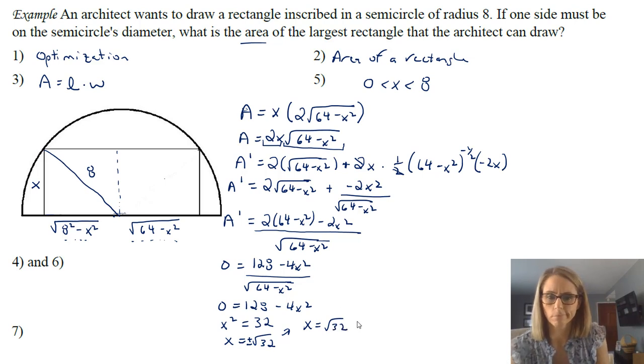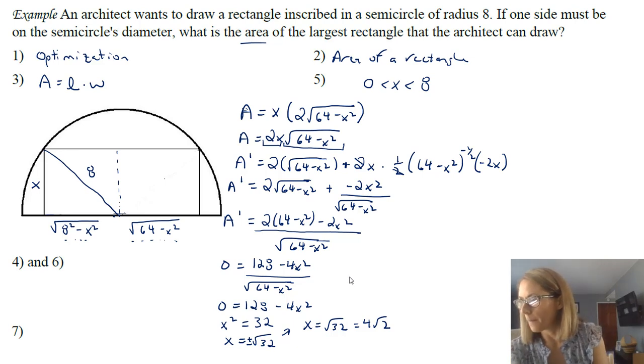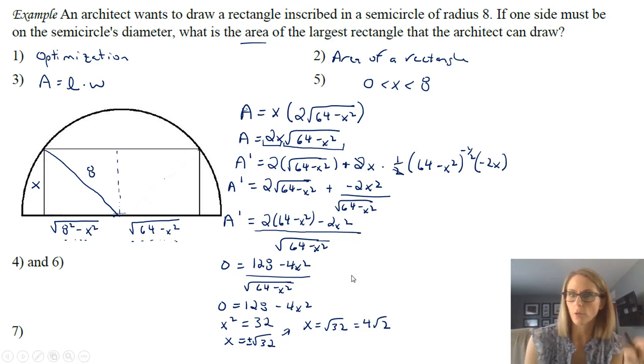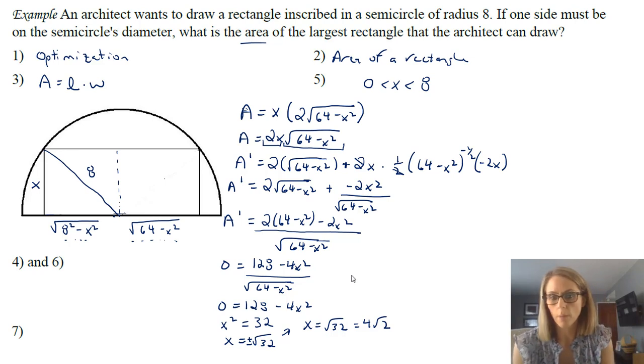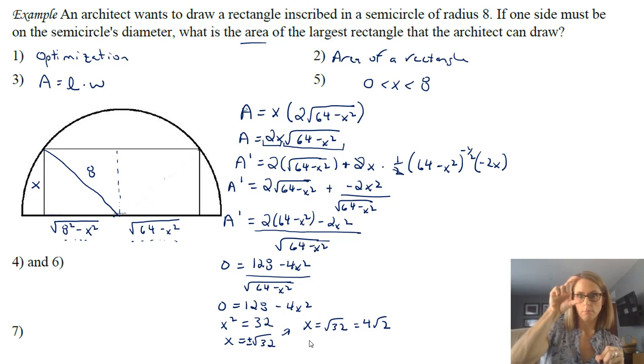And that's going to be 4 root 2 if you simplify it, which is some number. Again, the answer just wants the largest rectangle, so I might not make that into a decimal if something comes out nice. So x equaling 4 root 2, that means that that would be this here.